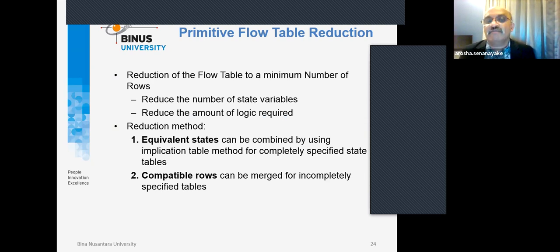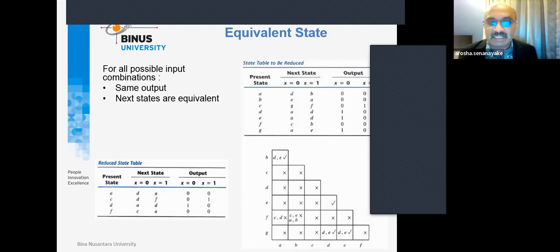We can find equivalent states by looking into dependencies and so forth. Compatible rows can be merged for incompletely specified tables, if the two rows maintain the same dependencies. We will look at it using an example.